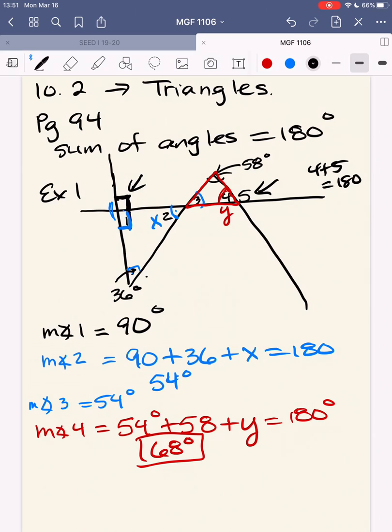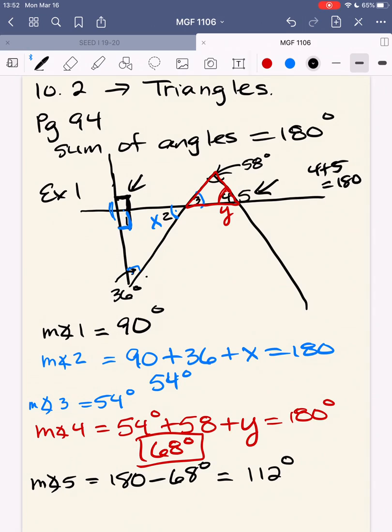So the measure of angle 5 is going to be equal to 180 degrees minus the measure of angle 4. I do that quick subtraction, and it is 112 degrees. So I have found 1 through 5.